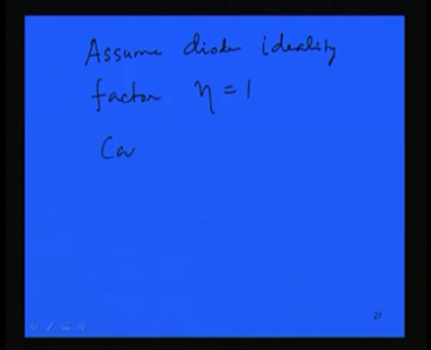And here you have to assume that diode ideality factor eta is 1. This is given to you. Also, you have to calculate the bias voltage needed for diode current of 1 milliampere.